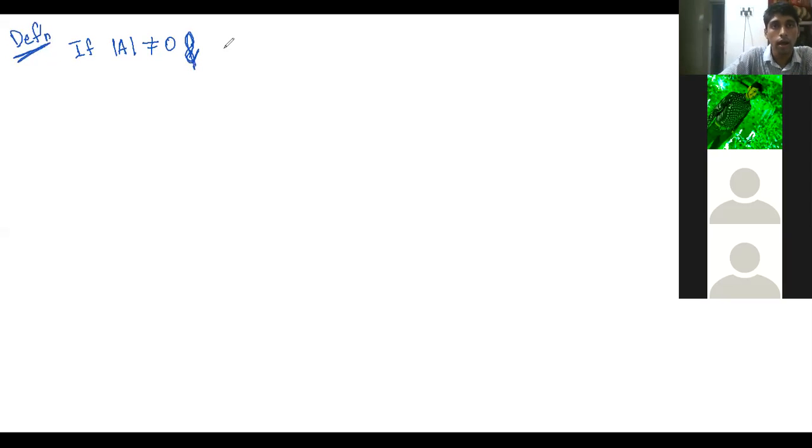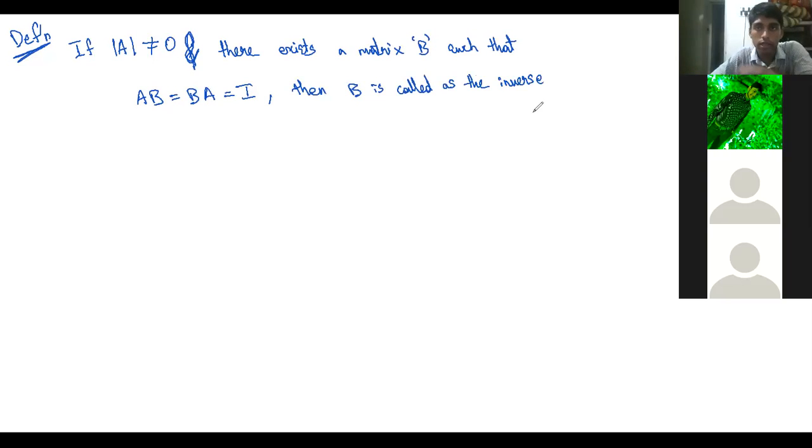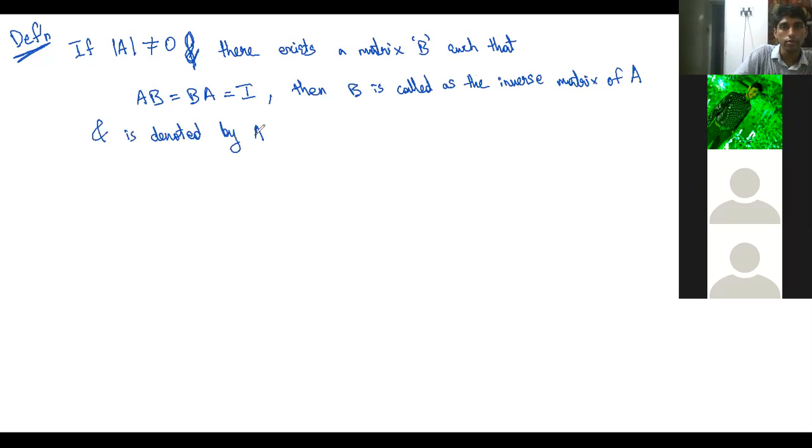If A is not a singular matrix and there exists a matrix B such that AB equals BA equals I, then B is called the inverse matrix of A and is denoted by A inverse.